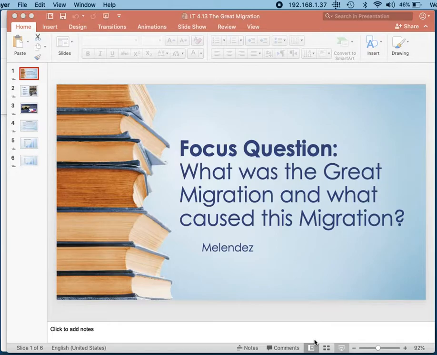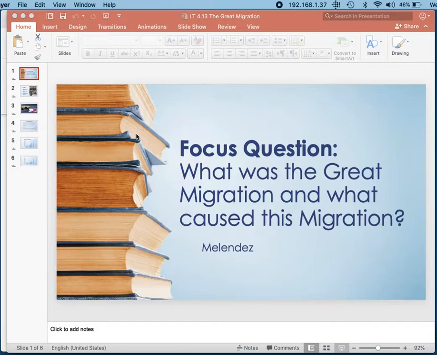The Great Migration. So let's start off with the first slide and our focus question for our lesson. What was the Great Migration and what caused this migration? So when we're referring to the Great Migration, we're talking about how African Americans in the South during the turn of the century between 1910 to 1930 decided that living in the South was not in their best interest, and they decided to migrate north into cities like New York, Chicago, Detroit, and Philadelphia in order to find a better life.